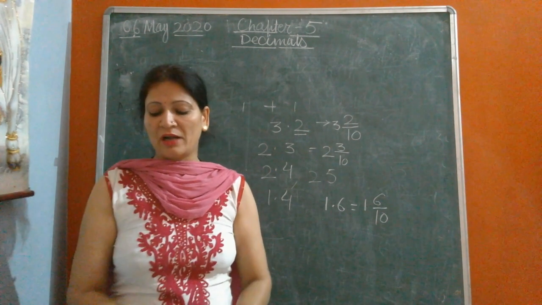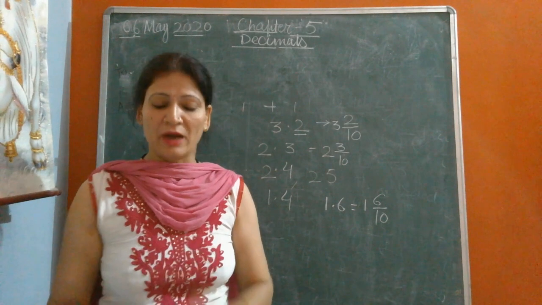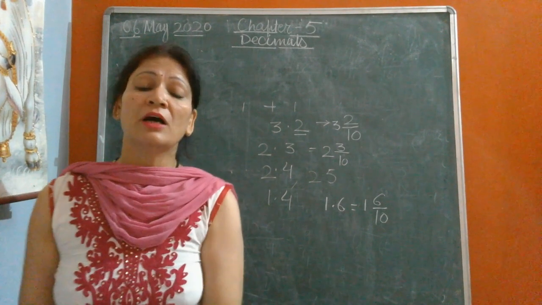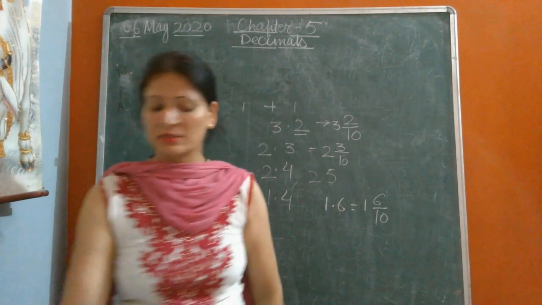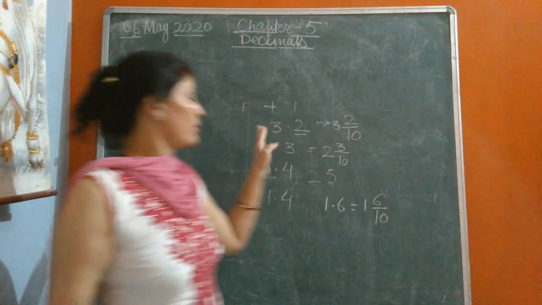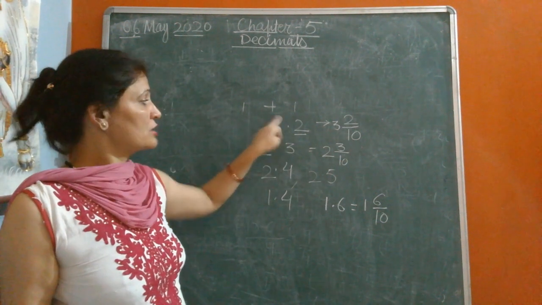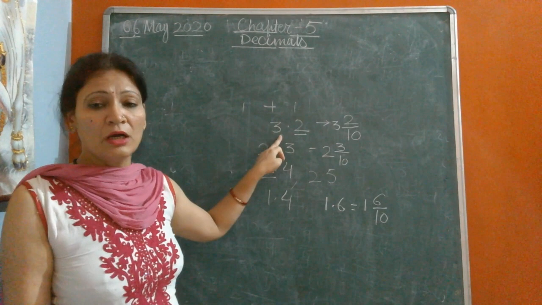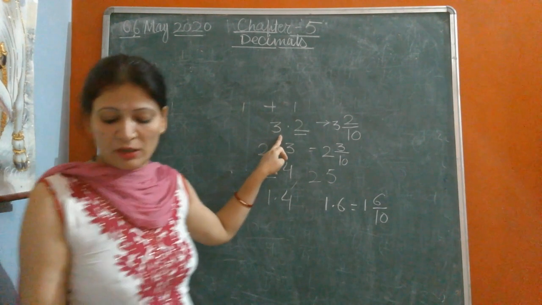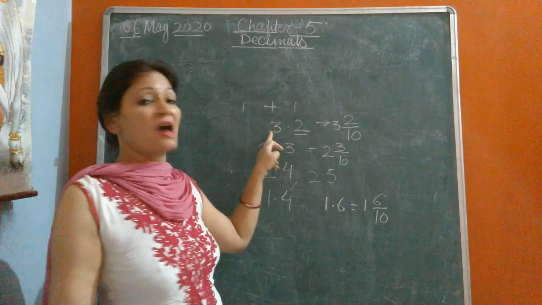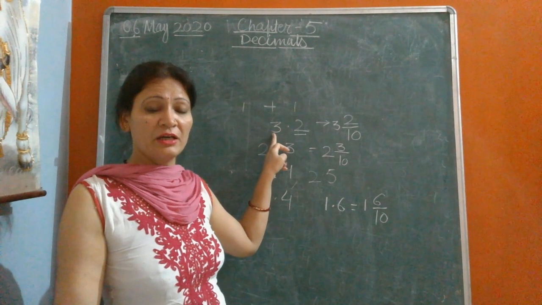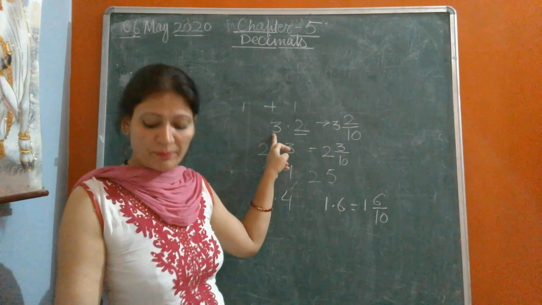Read the digits left of the decimal point. Those which are on the left are called the whole number.